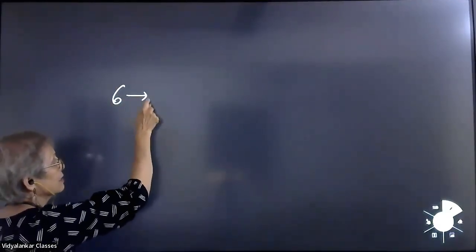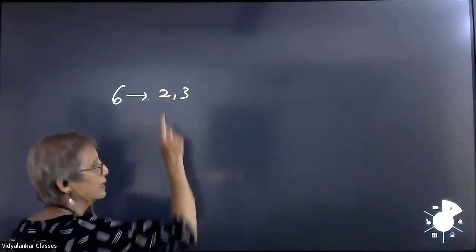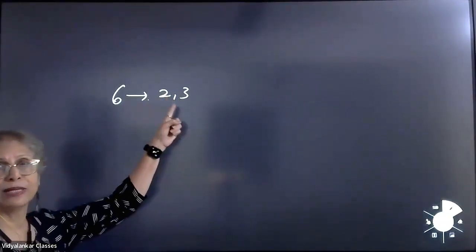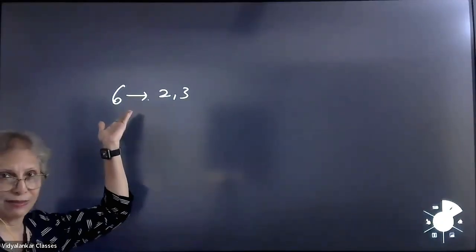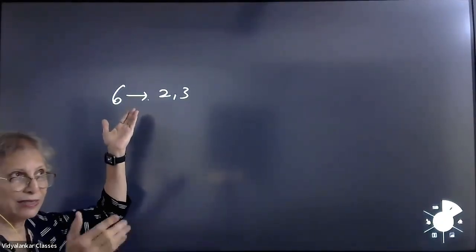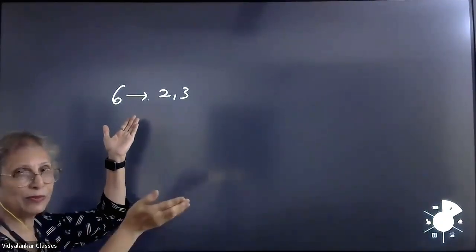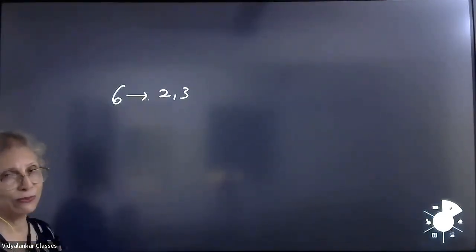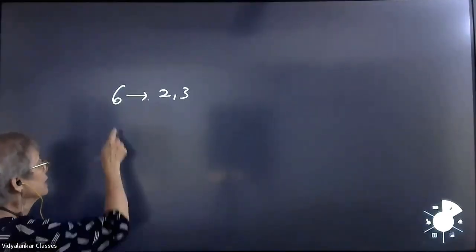Divisibility of 6, that is 2 and 3. If the number is divisible by 2 and 3, it is divisible by 6. So what we have to do is check the unit place digit and add the digits, and you will know whether it is divisible by 6 or not.